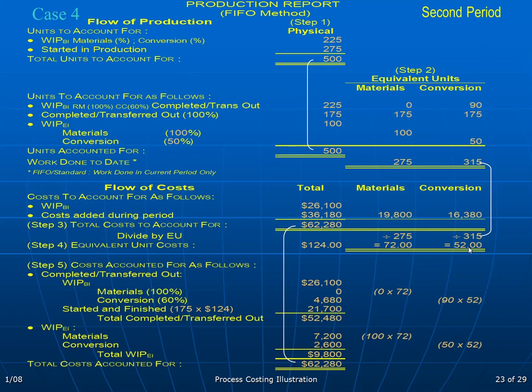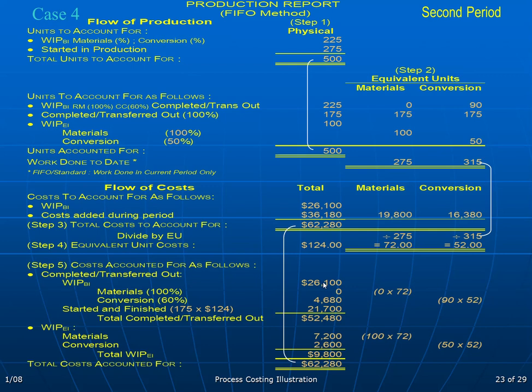$54.40. Okay? So now that we have our rates for the work done during the current period, let's go ahead and cost these units right here. Well, I got 200 and I got actually 400 units that were transferred out. 225 of them came from beginning inventory.